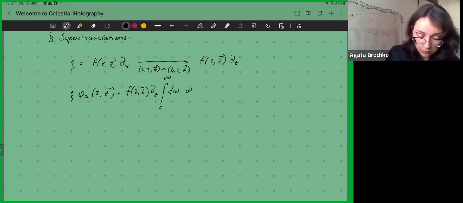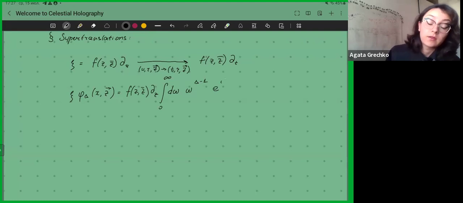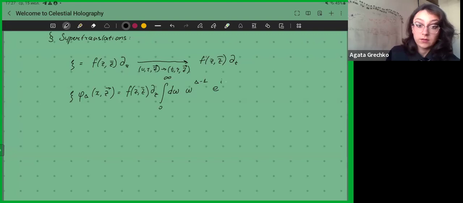d omega, omega to the delta minus 1. And then we have our conformal primary plane wave function, which in this case we can just split in the following manner: plus e times x, right? So let's see.